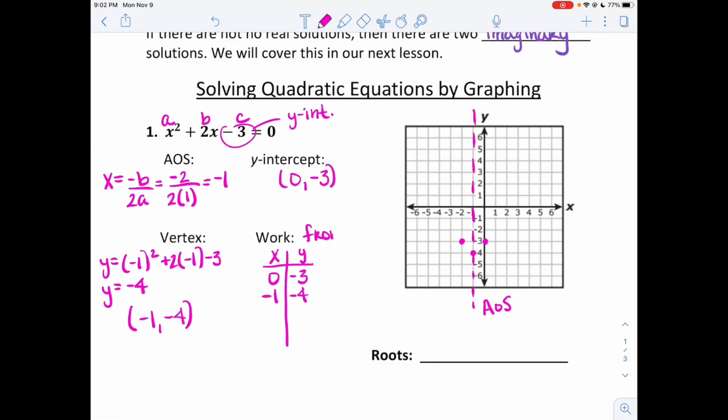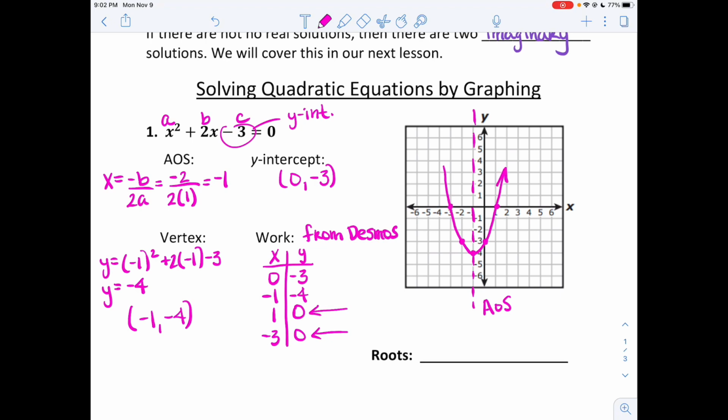Okay, so from Desmos, I can get more points. We saw that we had a point at 0 for a y value and an x value of 1. And then we also had another 0 for a y value when we had an x value of -3. Those are our roots or our x-intercepts. So we can go ahead and plot those and get a rough sketch of what the graph is going to look like.